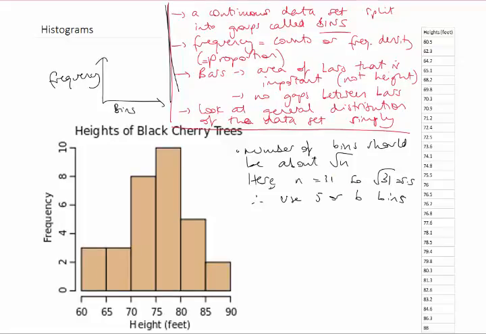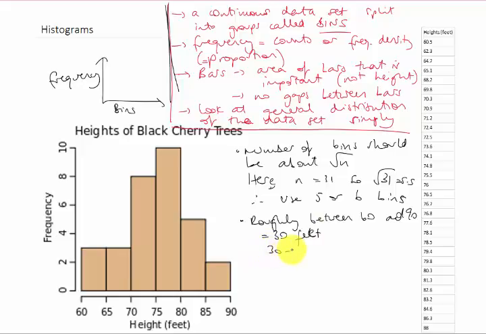So here they've decided to use 6 bins, and how do we decide where they fall? Here we've got roughly between 60 and 90, so that's a 30 feet difference.